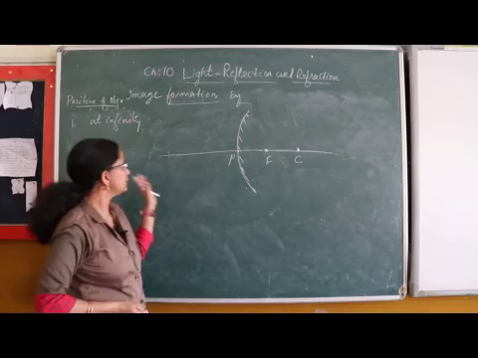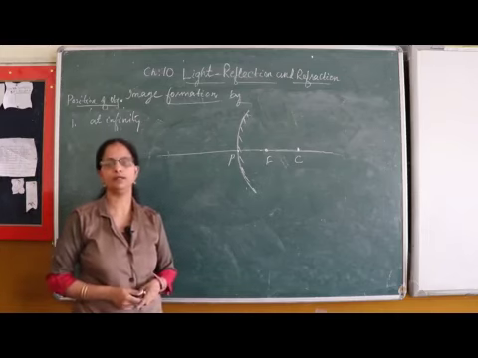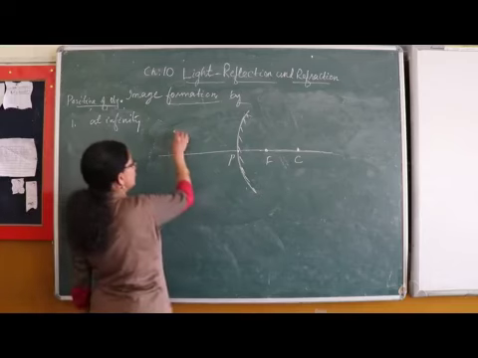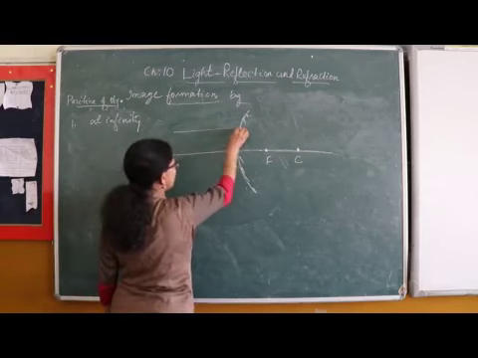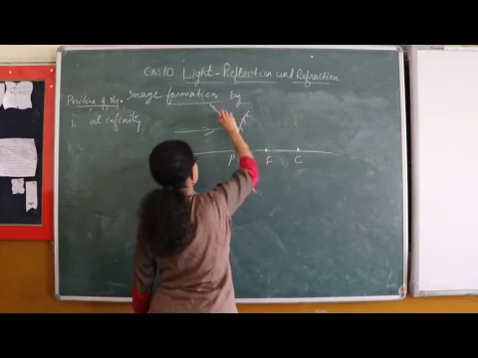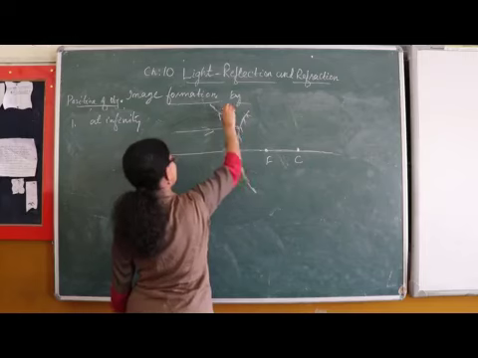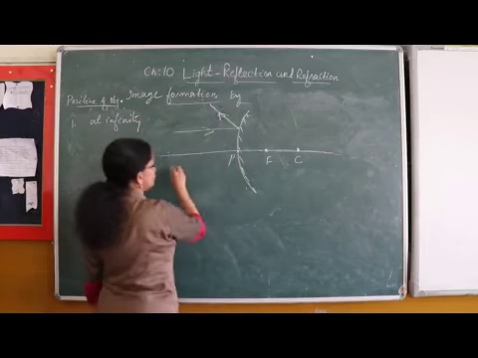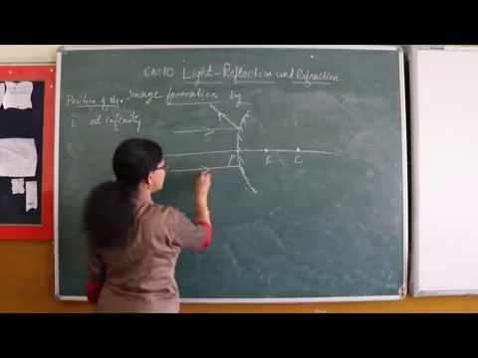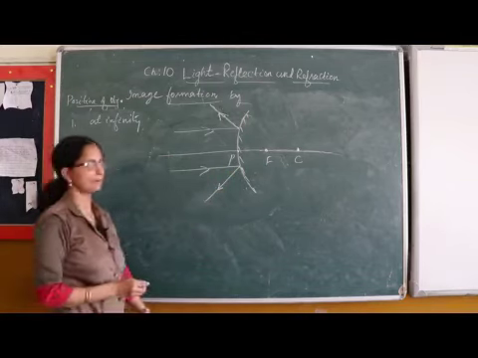As we told, when the object is at infinity, we usually consider the rays coming as parallel rays. So a parallel beam of rays strikes this convex mirror, and after reflection it diverges. Another parallel ray strikes and gets reflected back.